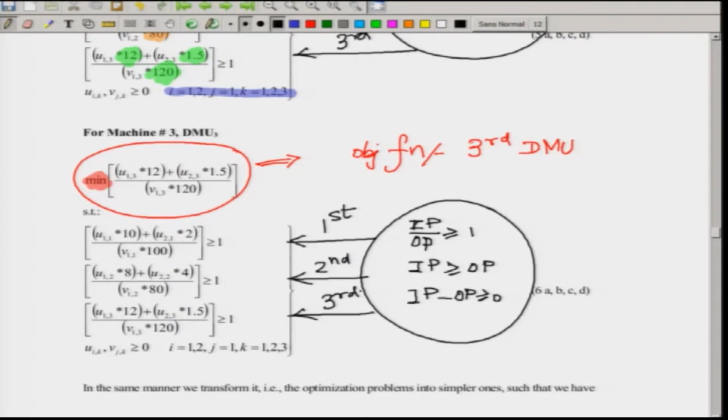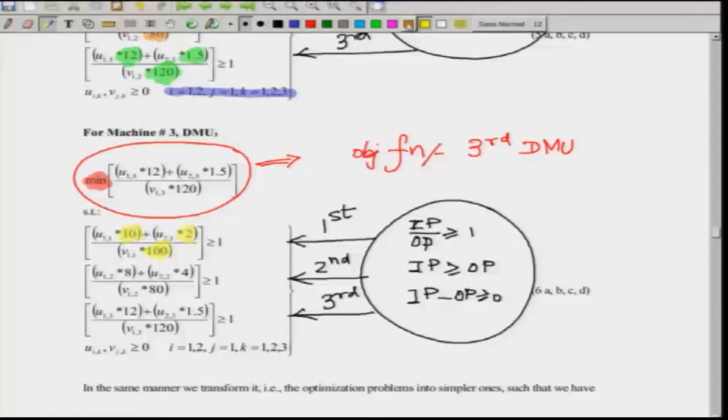Now, if I consider again the same coloring scheme, sorry, I should use a highlighter. So, the 10, 2 and 100 are the corresponding, first two being for the input conversion factors or the weights, or whatever you try to denote, for the first DMU inputs, and 100 being the first DMU's output.